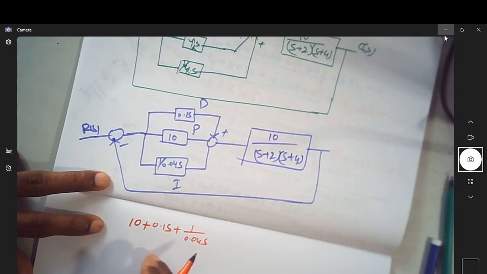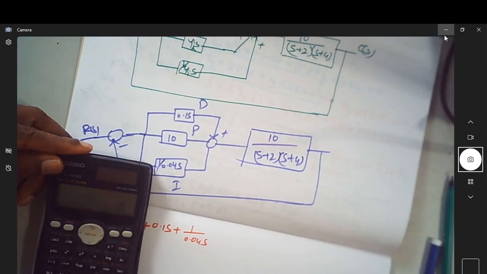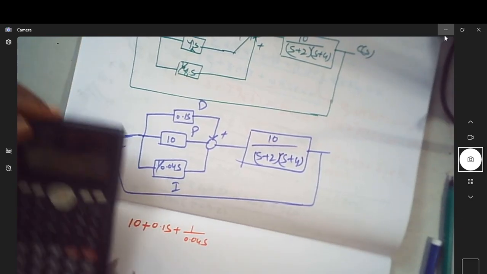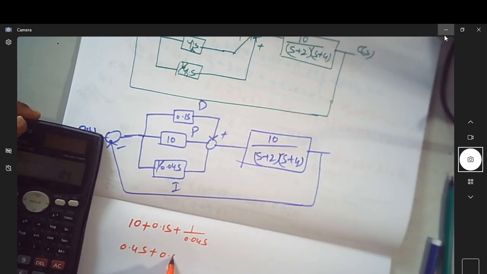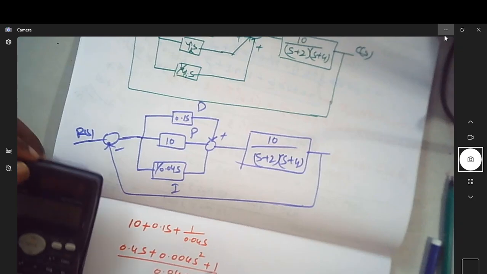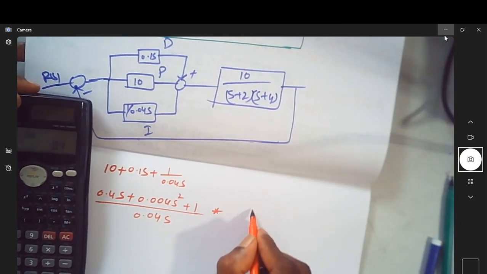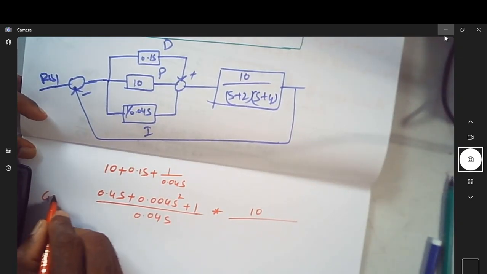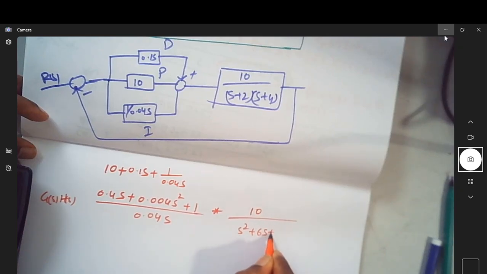All we have is 10 into 0.04, which is of course 0.4 s, plus 0.004 s square, plus 1, divided by 0.04 s. Yes, and of course this is multiplied with 10 by, this is what we are talking about, G(s) into H(s), so it is s square plus 6s plus 8.